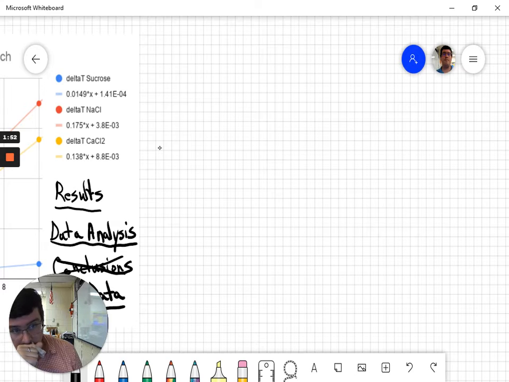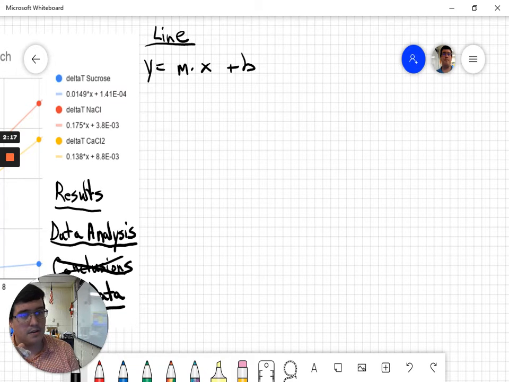So I said these are a fit, and they are a linear fit. So you have to remember all the way back, oh my goodness, all the way back to algebra, where we talked about the equation for a line. A straight line, if you remember, always has the same general equation: y equals m times x plus b.